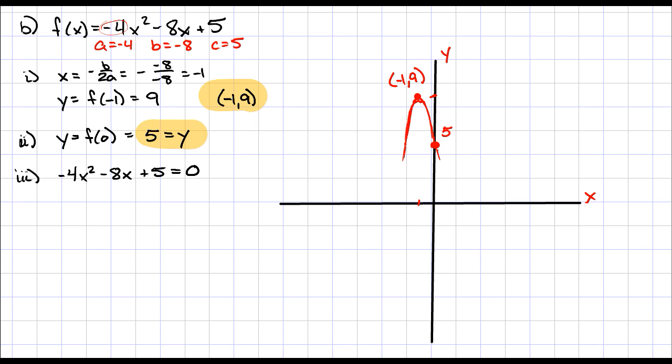So you can refer to the notes to get a review of the quadratic formula, but basically the way it's going to work is this. The solutions to this equation, minus 4x squared minus 8x plus 5, are going to be given by the following formula.